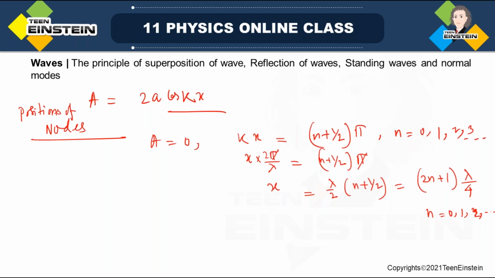Natural numbers. The positions of zero amplitude are called nodes. So the positions of the nodes are obtained from this particular equation, that is (2n plus 1) into lambda by 4.